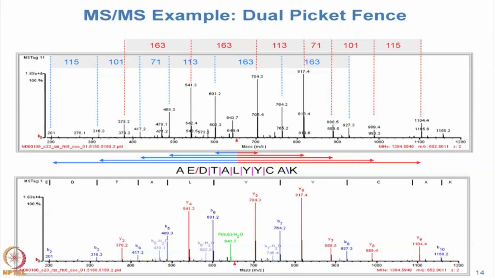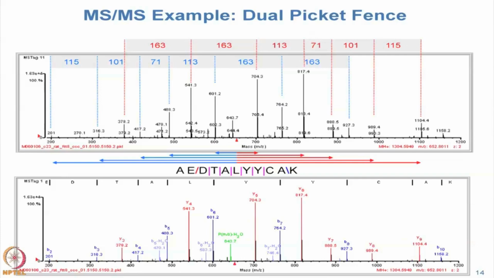So we can tell from this set of mass gaps that the sequence that's part of this peptide is going to be tyrosine, tyrosine, leucine or isoleucine, we can't tell the difference, alanine, threonine, 115 is aspartic acid. And then this is a symmetric spectrum, and you can find those same masses going the other way. I have already colored them blue and red.